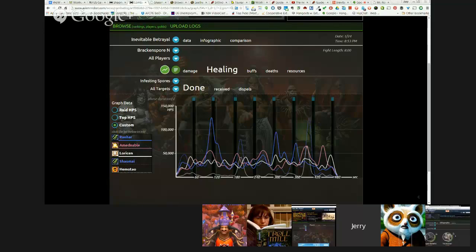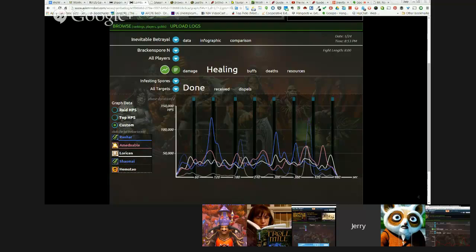I'm watching. Yeah, so on that fight, what I did was I layered out the entire healing team. What that nicely does is lay out the graph of healing done over the course of the fight, and I can see, okay, I spiked here and here. Ranhar had these peaks early on, in mid-fight, while I was about a third in, and then towards the end.